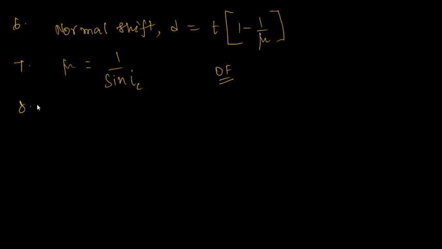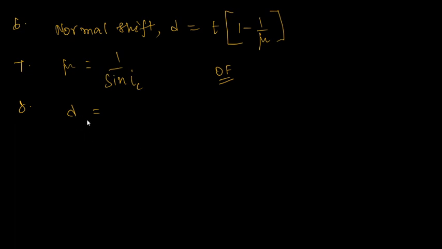Then the bending, that is the lateral shift of the light ray passing through a given medium, can be represented as d. So d is called lateral shift. Take down lateral shift.